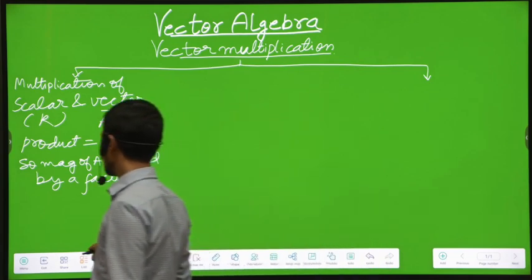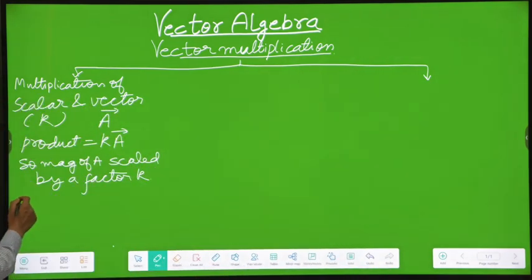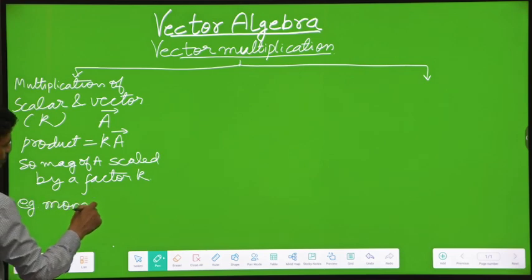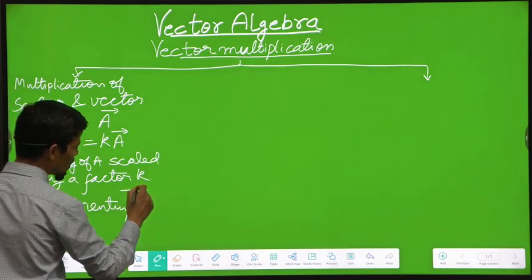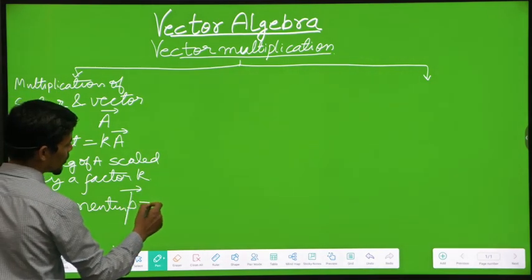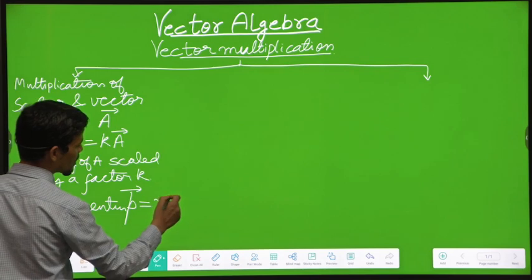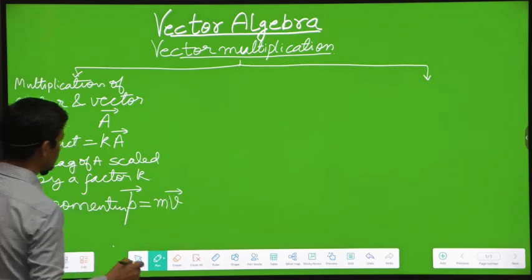For an example, we have momentum. So momentum p, which is a vector, is equal to mass, which is a scalar, times velocity.